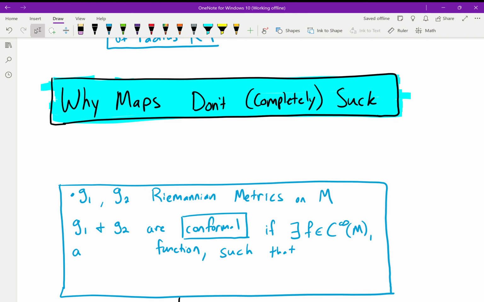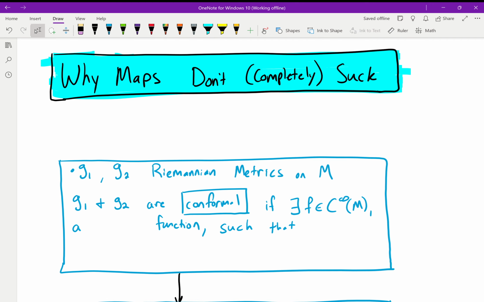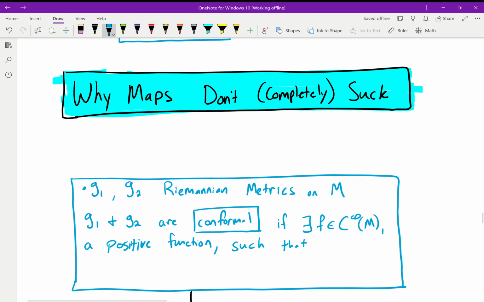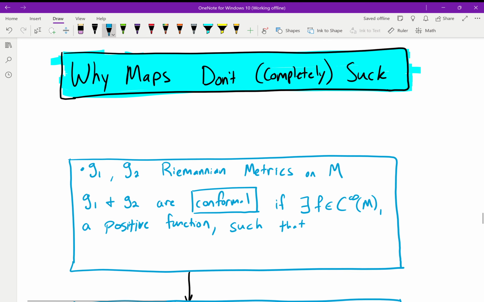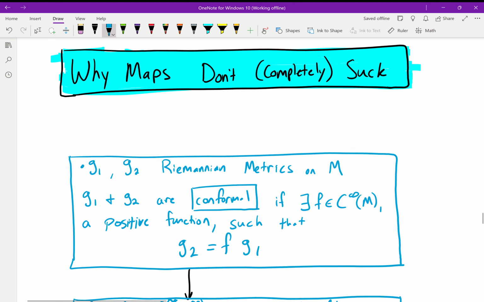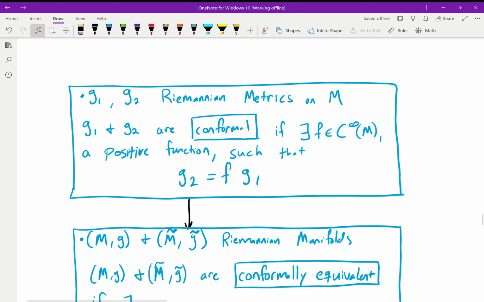So two metrics on a manifold are said to be conformal if there exists a positive, is ISO positive? Yes, it is. If there's a positive smooth function f such that G2 is equal to f times G1. And now that we have a notion of conformal, we can talk about things that are conformally equivalent.